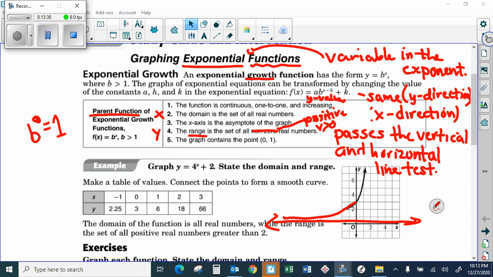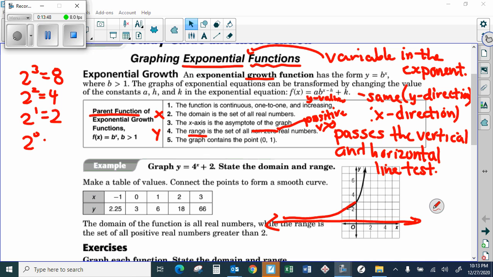Now, if you want a quick little proof of that, say I go 2 cubed. You should know that's 8. 2 squared, 4. 2 to the first, 2. We'll leave the 2 to the 0 alone. 2 to the negative 1, 1/2. And 2 to the negative 2, 1/4. You could do this with any base. I just chose base 2. Except for base 1, you wouldn't use base 1.